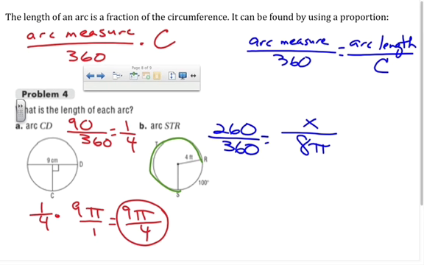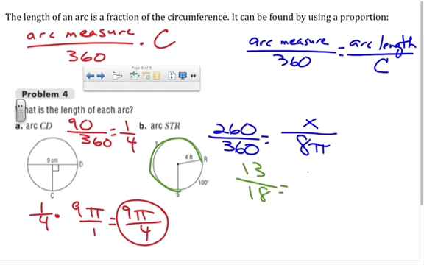Okay? So before you cross-multiply, however, look at these numbers. These are big, and they're reduced. So if you can reduce a fraction, you probably want to, just to make your life a little bit easier. So in my scientific calculator, I enter that 260 over 360 as a fraction, and my calculator reduces it for me.